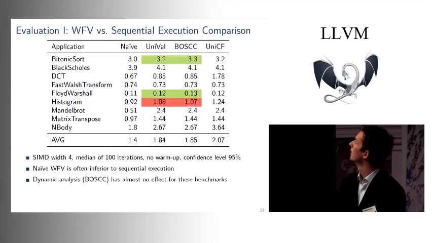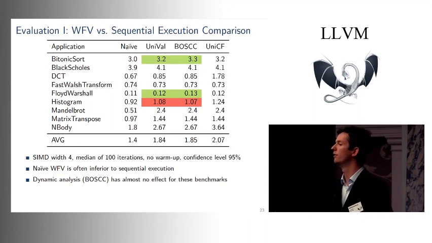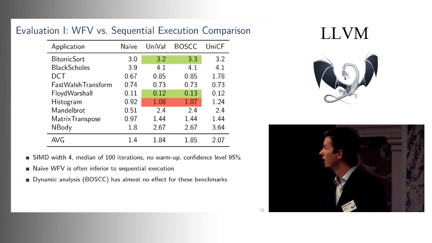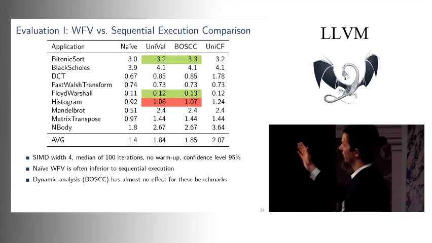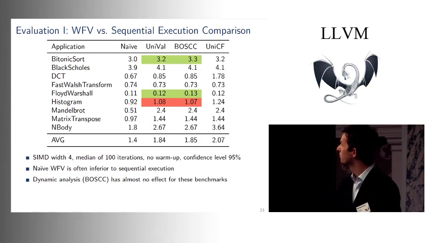The comparison of BOSC shows that, so the second column here is uniform optimizations of uniform expression. So that's sort of a baseline for the dynamic and static divergence analysis. So the BOSC doesn't bring a lot of performance here, even has a bit of overhead for the histogram, which is why the performance actually goes down.